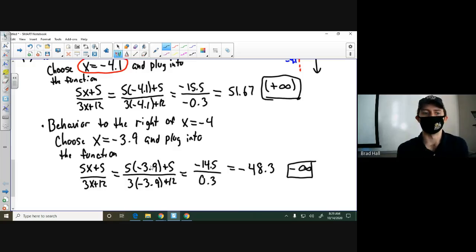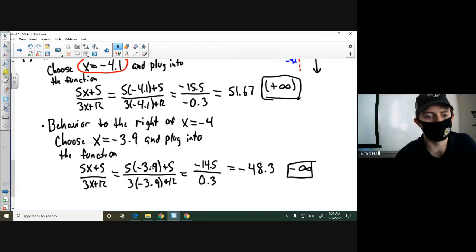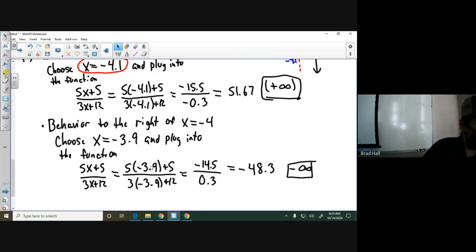And so these numbers that I'm choosing, the -4.1 and the -3.9, these are numbers that are 1/10 of a value, so they're fairly close to the asymptote that we are checking. This is my way of doing it.